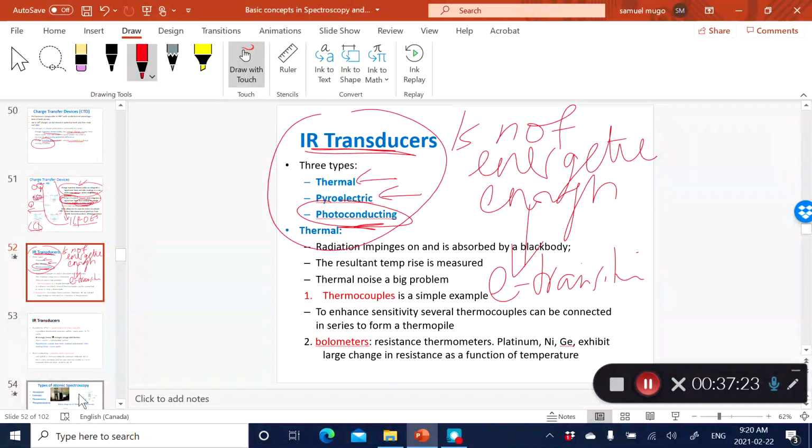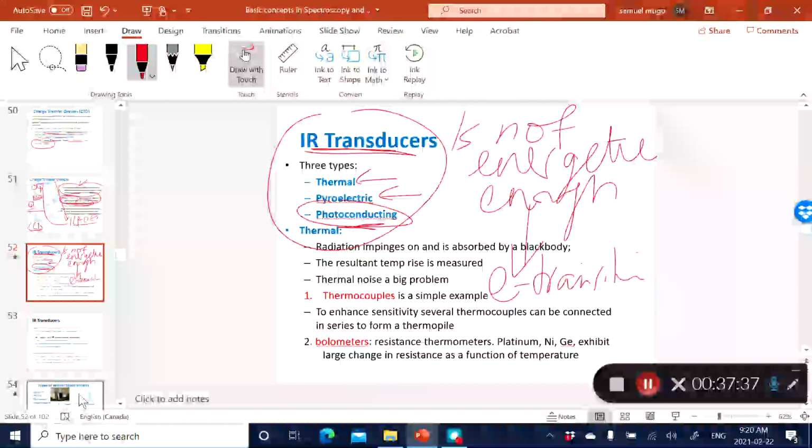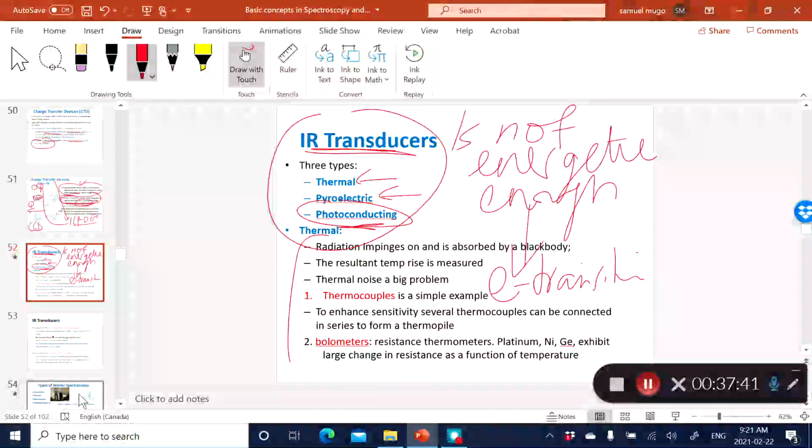Photodiodes can still be used in this case because the energy gap between the valence band and the conducting band is fairly small, so it's energetic enough for semiconducting materials. The thermodetectors commonly used are the thermocouple, which I talked about previously. The thermocouple, as I said before, is essentially two dissimilar wires glued together.